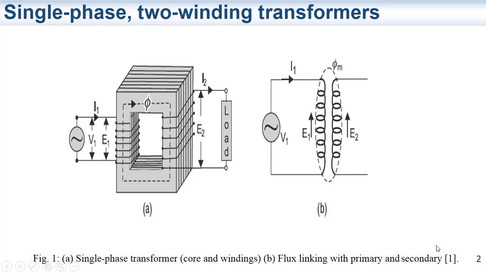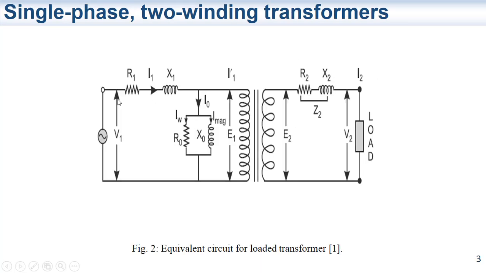This figure is taken from reference number 1, and all references cited in this lecture will be presented at the end of the video. In actual transformers, both primary and secondary windings have some self-resistance called R1 and R2.